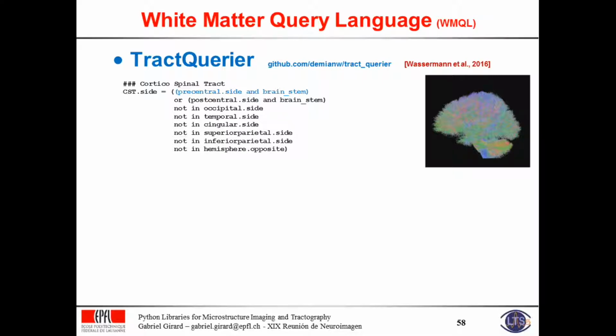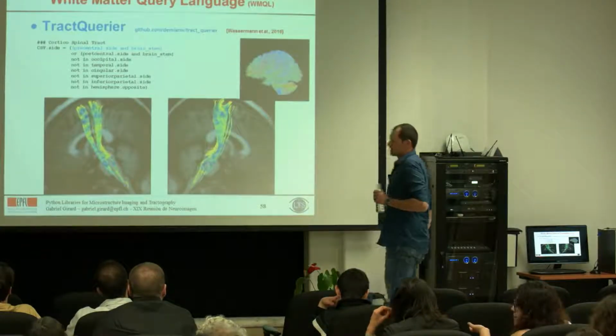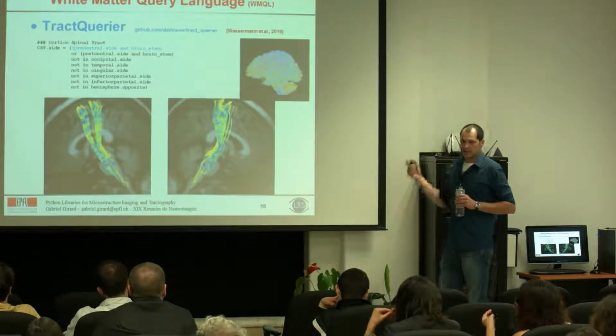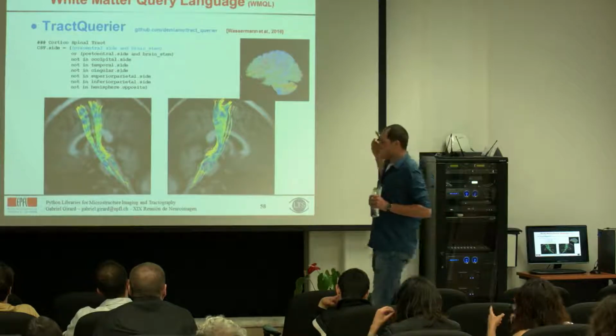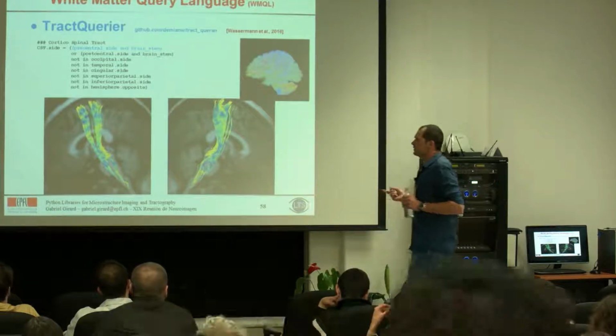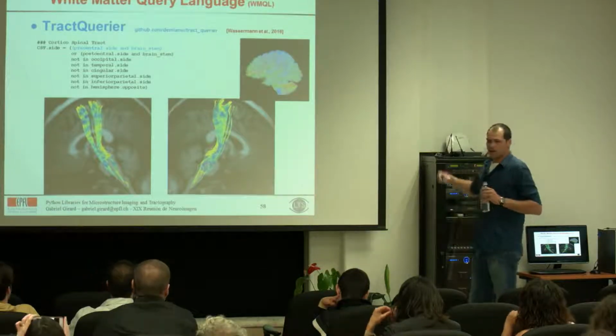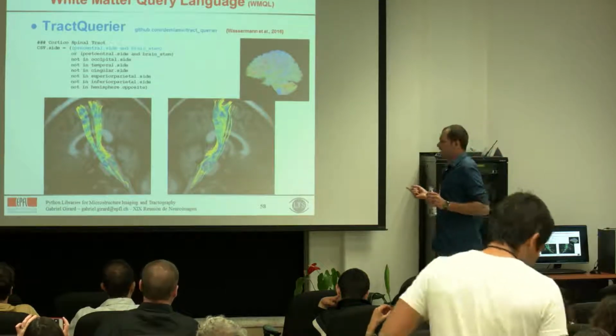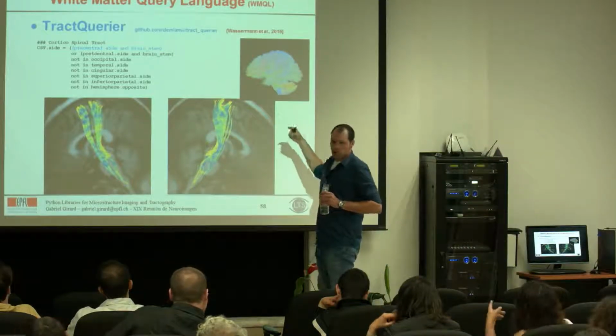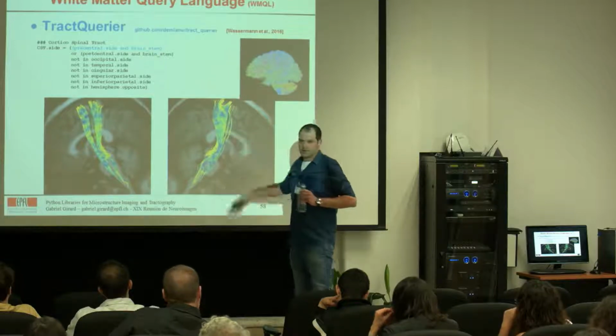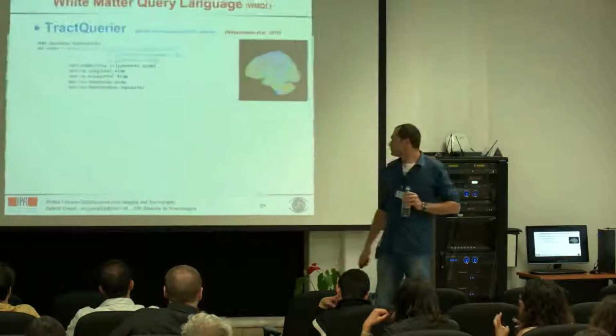So you define strict rules, and then you can get those kinds of bundles that you extract automatically from the data. On a single subject, it might seem tedious to do that, but if you have 20 or 30 or hundreds of subjects, you define this very carefully once, and then you can extract all the fascicles automatically afterwards.